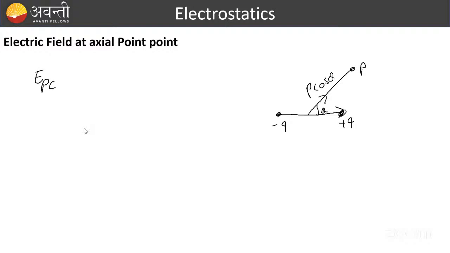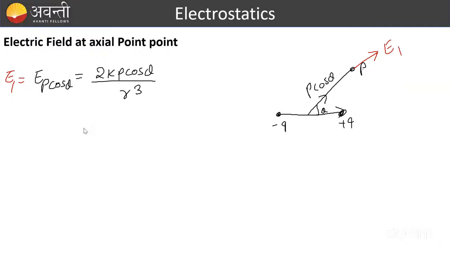It is the axial point for P cos theta, so the formula will be 2kp cos theta divided by r cube. The direction will be along the dipole. Let's say this is E1.